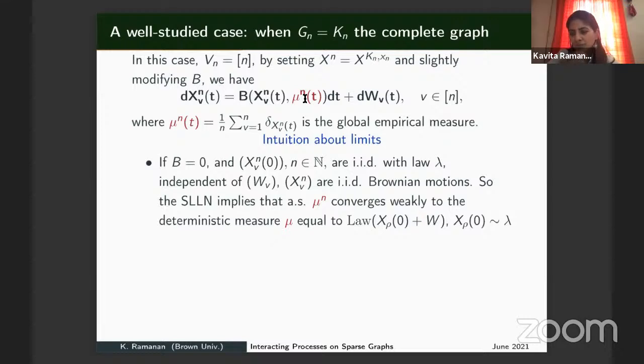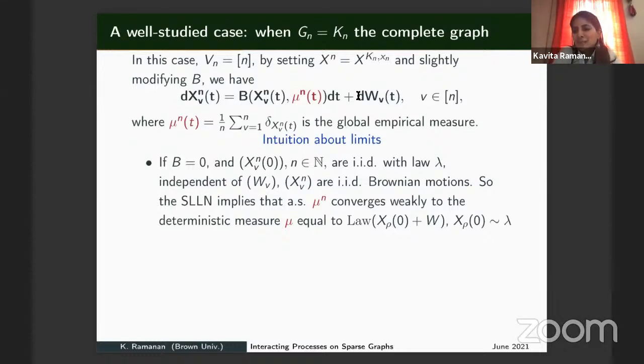So I'm just going to call it b again, but if it's a function of the current state and the empirical measure of everything else, I can always write it as a function of the current state and the global empirical measure. Okay. So now you have this form where I'm writing b. So, b is again a function from R^d, P(R^d) to R^d. And I'm making the diffusion coefficient the identity.